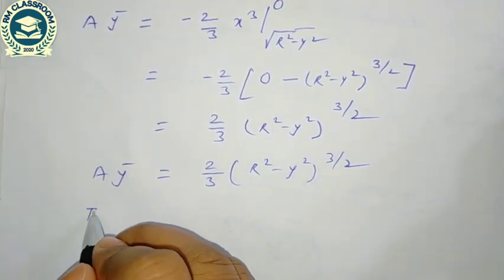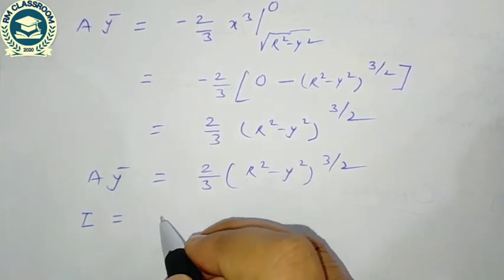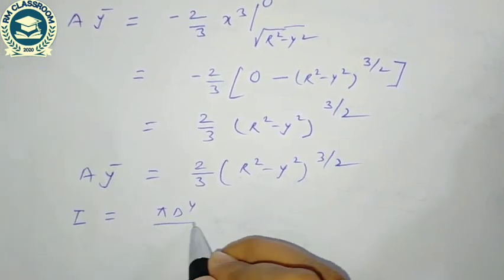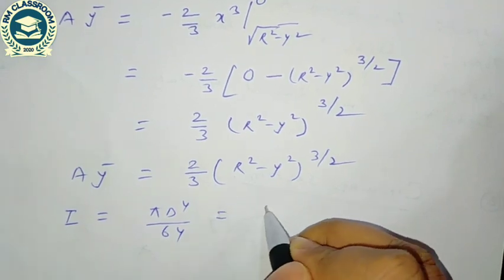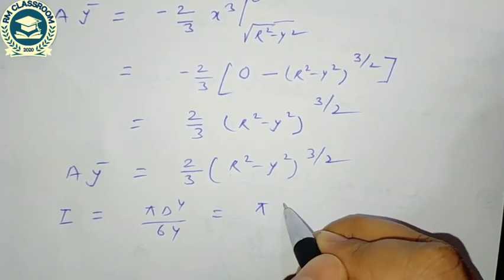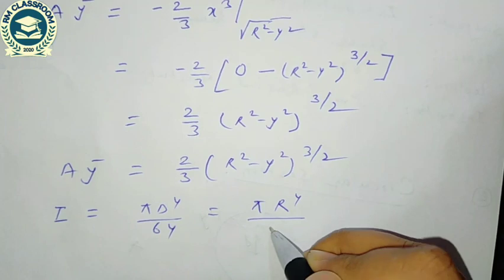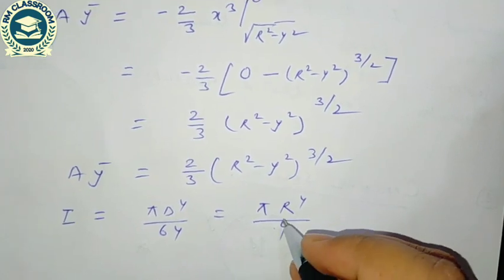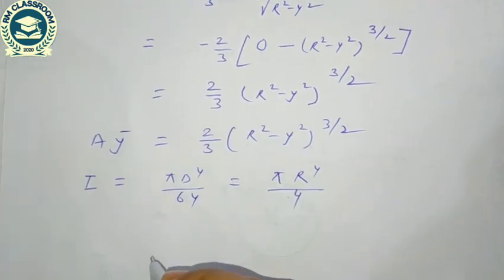And the moment of inertia, for a circular section, is pi d to the power 4 by 64, or in terms of radius, pi r to the power 4 divided by 4. Put the value of moment of inertia and A y bar.